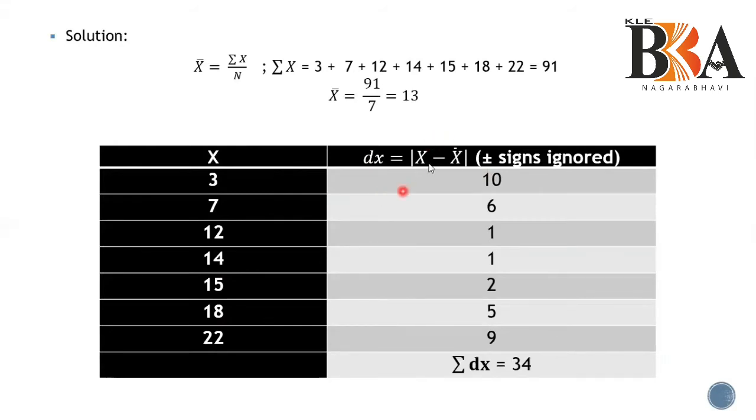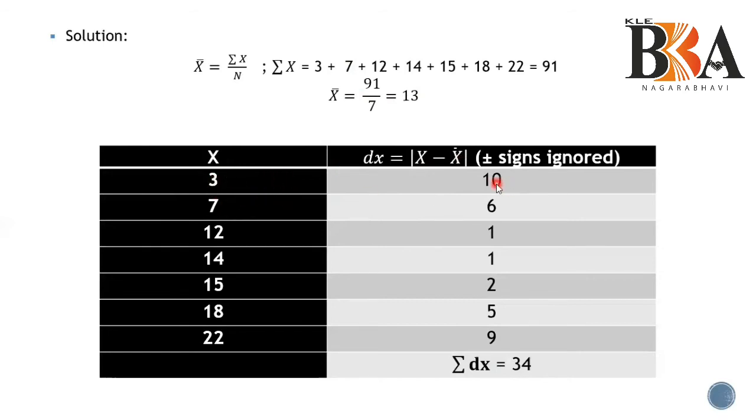So how to find this dx? x minus x dash, that is, the x values minus the arithmetic mean, the mean value. So x is 3, and the arithmetic mean we found is 13. 3 minus 13 is 10.